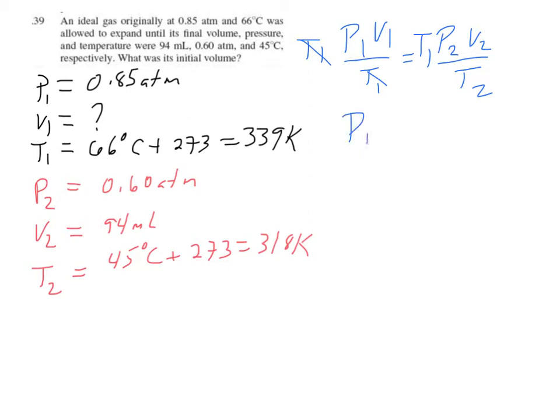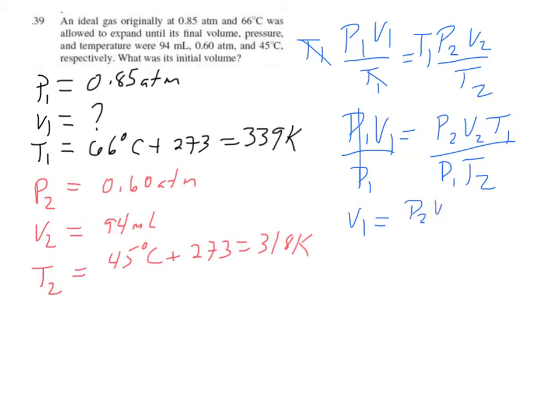I get P1 V1 is equal to P2 V2 T1 over T2. Now I'm going to divide both sides by P1. And that cancels out, and I get V1 is equal to P2 V2 T1 over P1 T2.